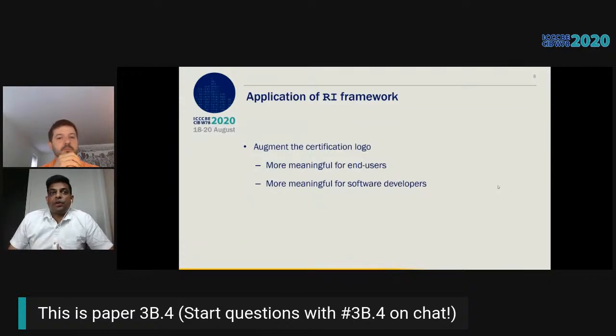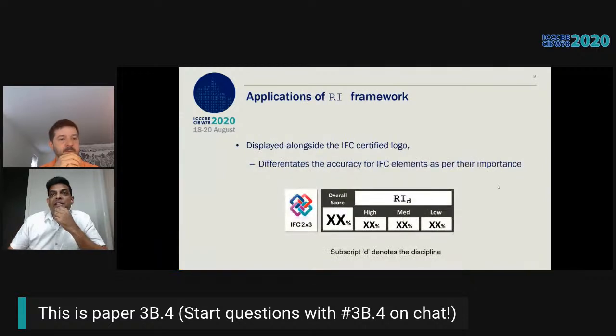And so what if instead of just showing a certified logo, we show the accuracy in numbers along with the logo? And this is an example of applying the RI framework to augment the certification logo. The table shows which discipline the tool is certified for, and it shows the accuracy of IFC elements that are important to the discipline under 3 columns, which are high, medium, and low.